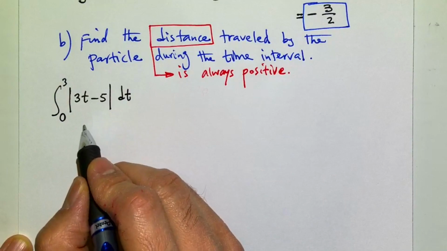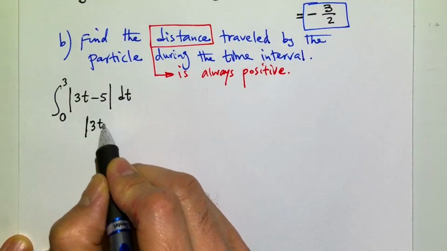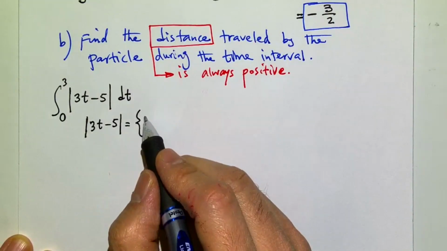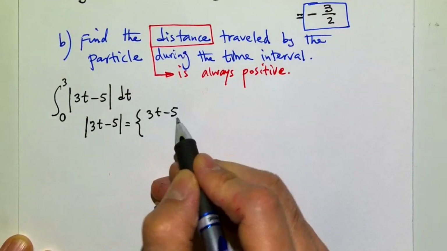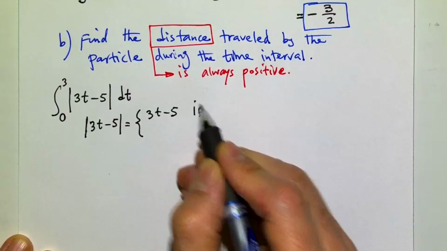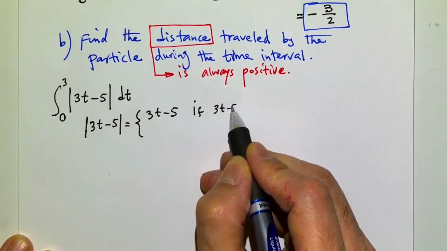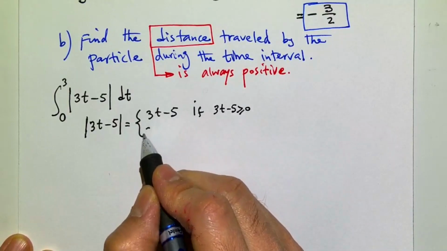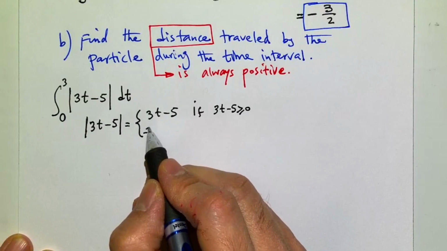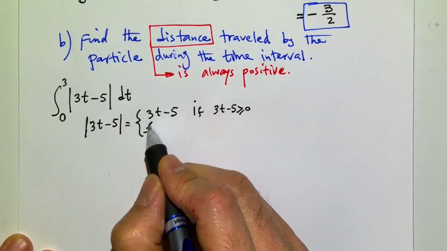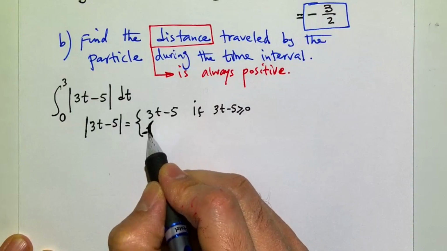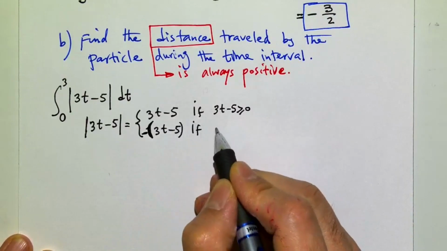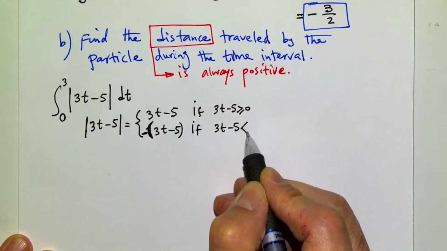So the absolute value of 3t minus 5 is equal to 3t minus 5 if 3t minus 5 is greater than or equal to 0, and equals minus 3t minus 5 if 3t minus 5 is less than 0.